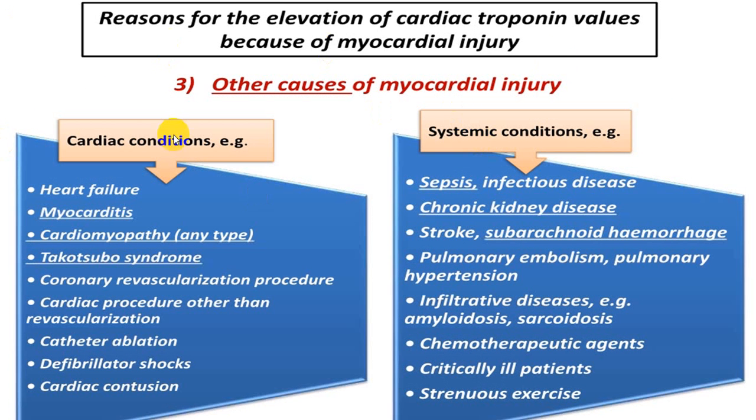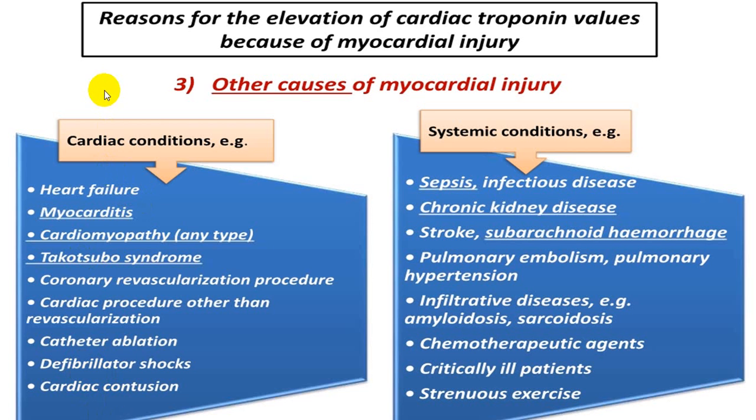Also, you can end up with myocardial injury and elevation of troponin because of cardiac conditions like heart failure, severe congestive heart failure, myocarditis, cardiomyopathy, particularly Takotsubo, revascularization procedures, catheter ablation, defibrillation shock, cardiac contusions.